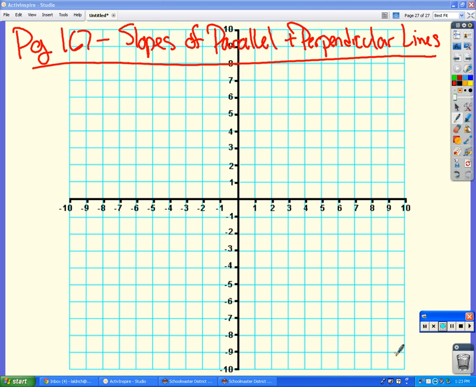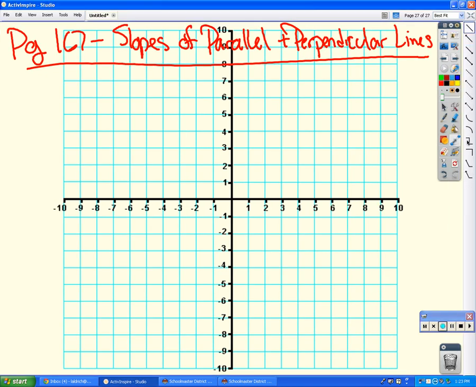All right, so we have spent a good amount of time now talking about parallel and perpendicular lines. And so, like I said, today we're going to take a look at some of the algebra that is behind these things.